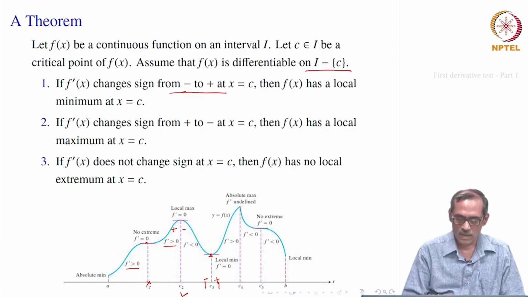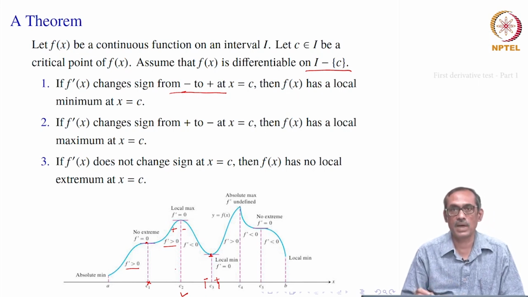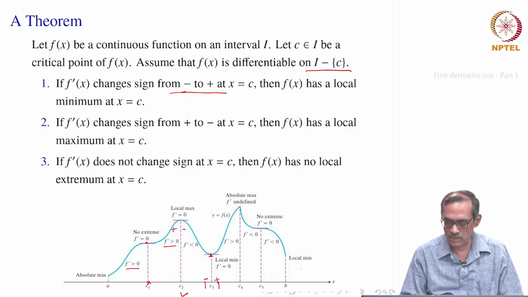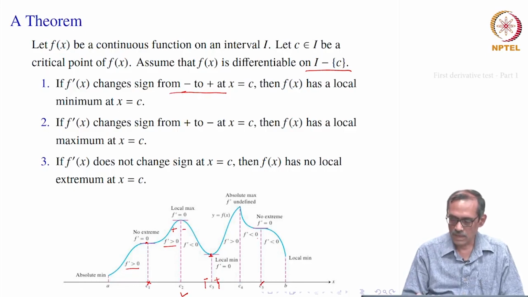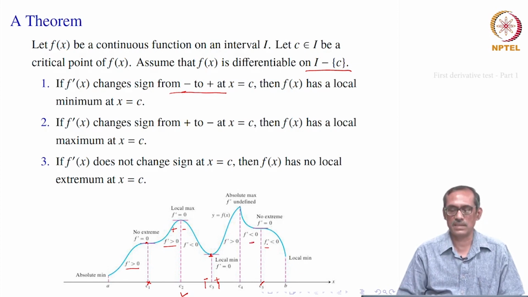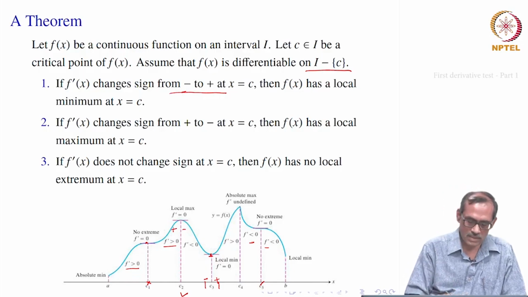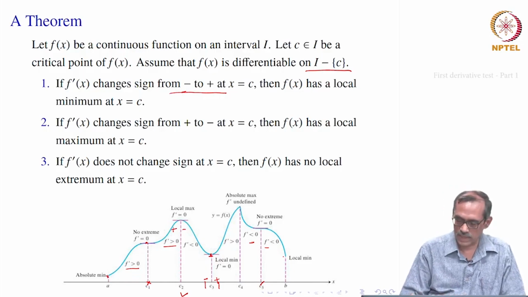So, if it does not change sign at x equal to c, then it does not have a local extremum at that point. Similar thing happens for the other side when we look at the point c5. f prime does not change sign there. To the left of this point c5 it is negative, to the right also it is negative. So, there is nothing. But something we can say about the endpoints, which will come later.